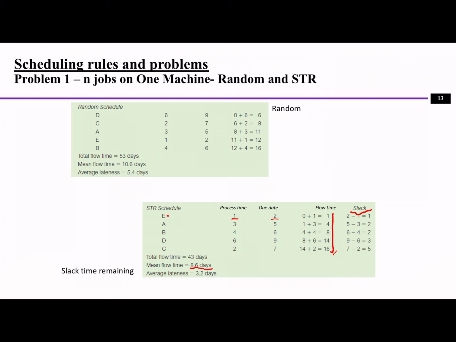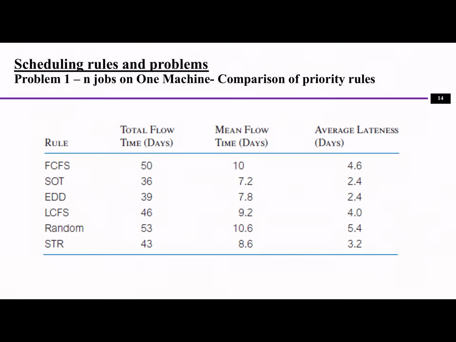We used different rules. Now let's have a comparison of all these rules. We used first come first serve, shortest operation time, earliest due date, last come first serve, random, and shortest slack time remaining. So let's look at the flow times.